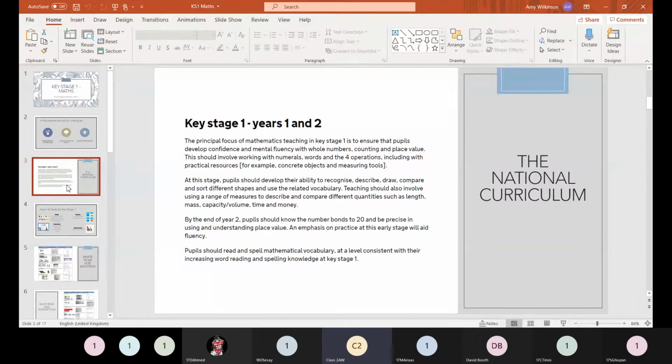It involves working with numerals, words, and the 4 operations, including the use of practical resources. I'm not going to read this whole statement for you. It is on the government website and it is there for you to read too, but I just wanted to point out that the focus of mathematics teaching Key Stage 1 is to develop confidence and mental fluency.